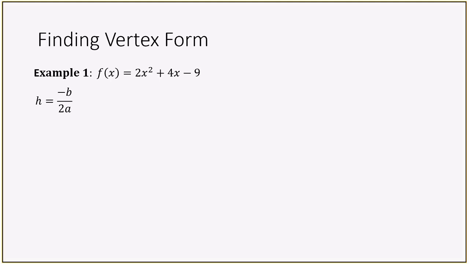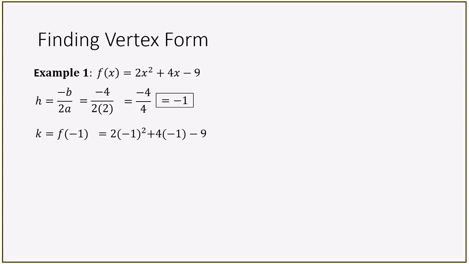So I have negative 4 over 2 times 2, which is negative 4 over 4, which is, nicely enough, negative 1. Now I take that negative 1 and plug it back into my function. Replacing all of the x's with negative 1s, I get 2 times negative 1 squared plus 4 times negative 1 minus 9. That gets me 2 times 1 minus 4 minus 9, which gets me negative 11.